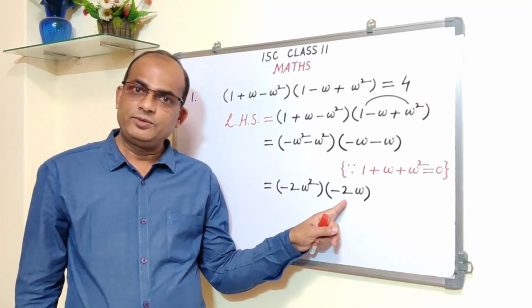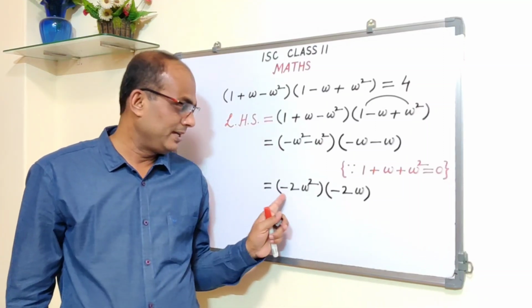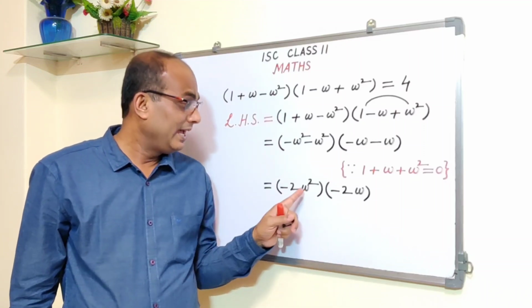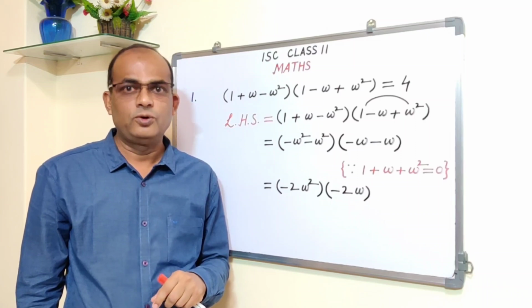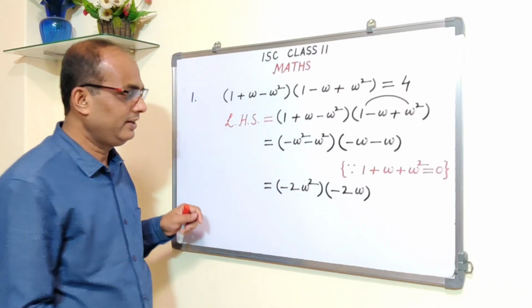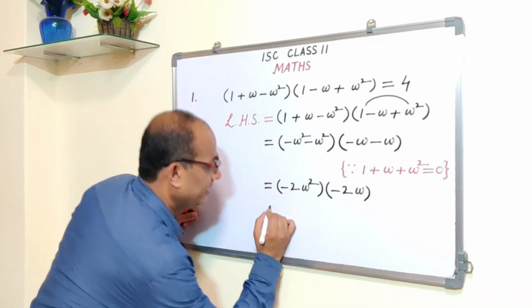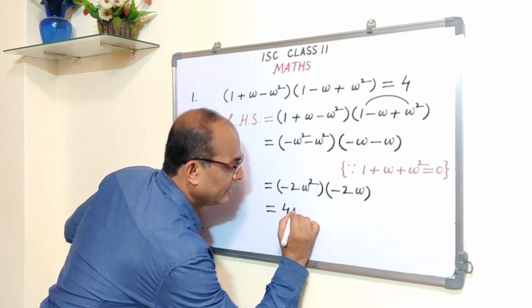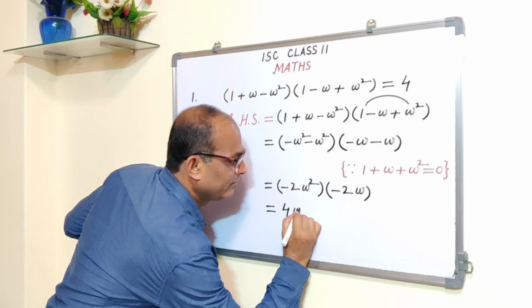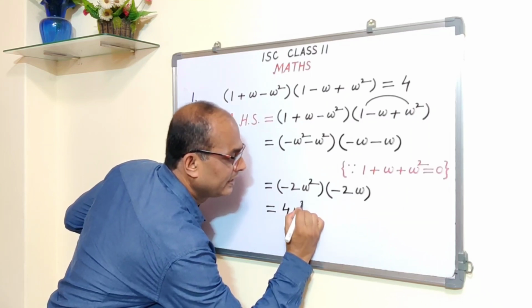Minus 2 into minus 2 is 4, minus into minus is plus, and omega square into omega is omega raised to the power 3, laws of indices, laws of exponents. So is equal to 4, and then omega raised to the power 3. Agreed?